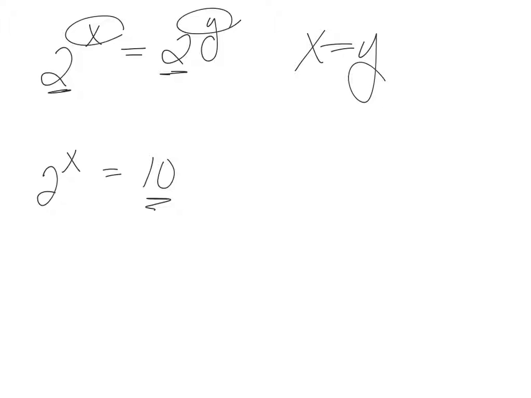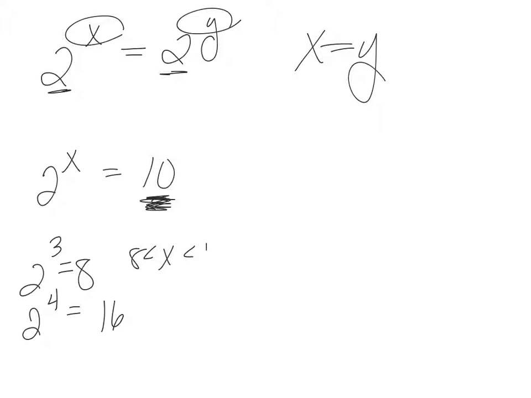Let's see. Here, I know that x can be in between two numbers. Like 2 to the 3rd power is 8, and 2 to the 4th power is 16. So x is somewhere between 8 and 16 to get to 10.